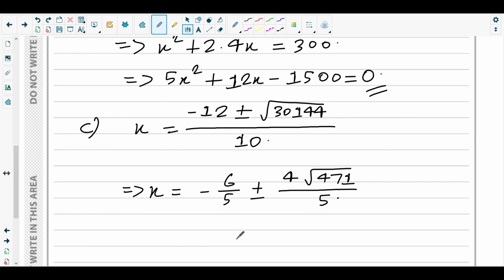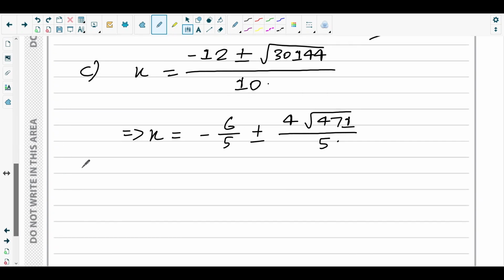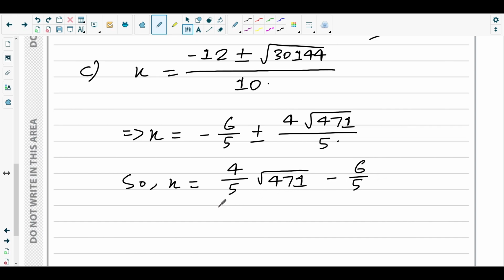These are the possible values for x. Definitely x should be positive because x is a length. So x equals 4 over 5 square root of 471 minus 6 over 5. This is the value for x.